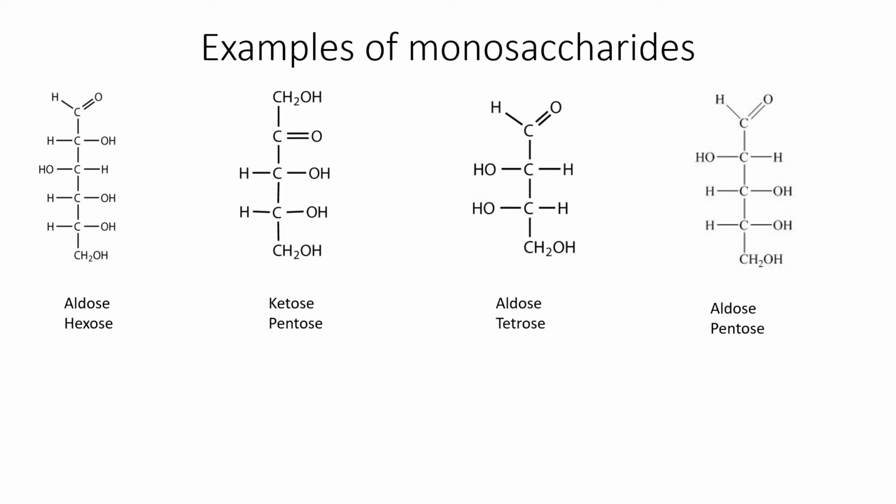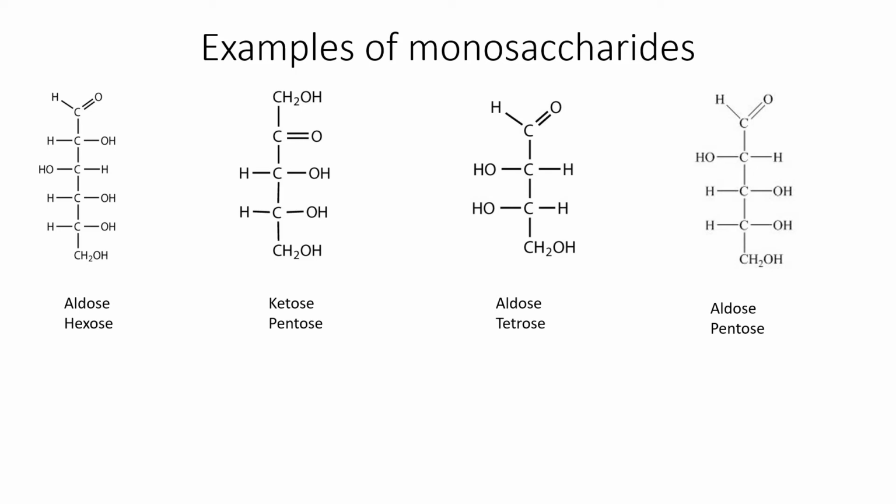Well, these are generally written out vertically because these monosaccharides have something called chirality. You can think about chirality as handedness. If you look at your left hand and your right hand, they are actually fundamentally different. They are not superimposable upon each other.